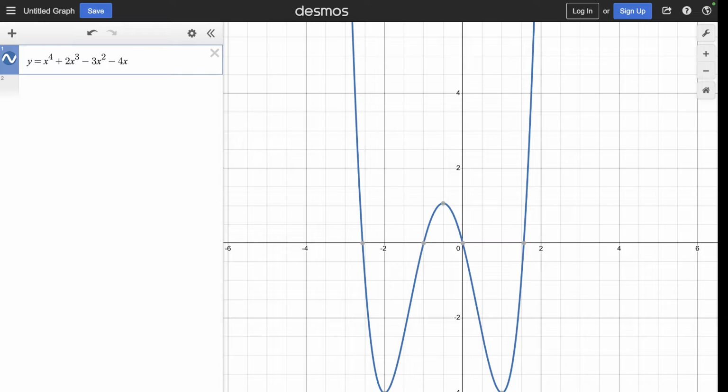So this is the minimum point, minus 2, minus 4, and this is the local minimum, and this is also the global minimum. Also this is the local maximum. This point is x equal to minus half.